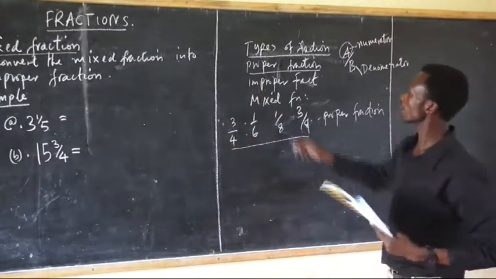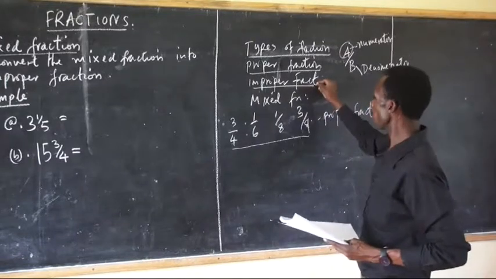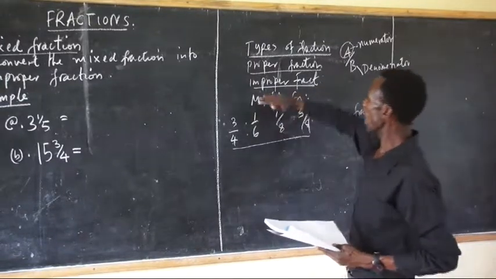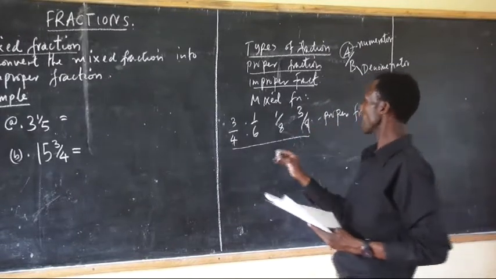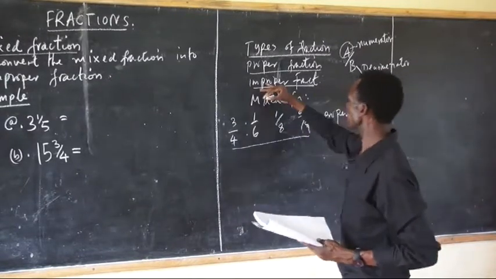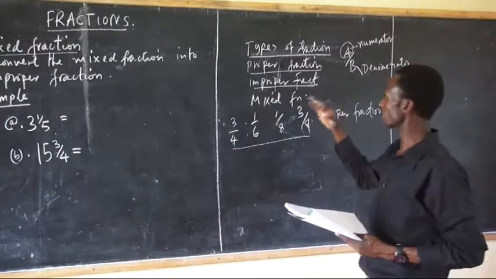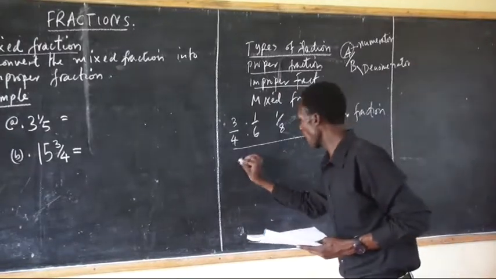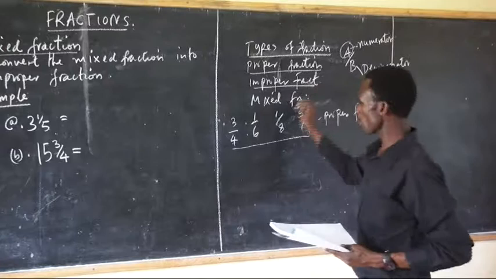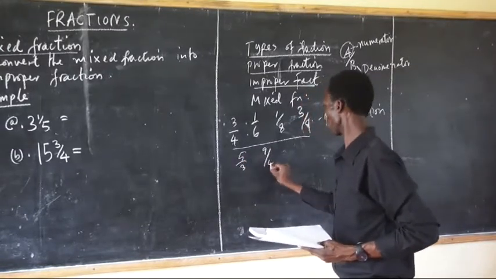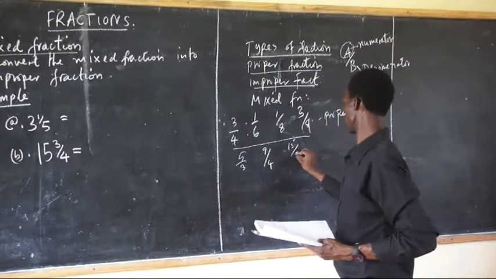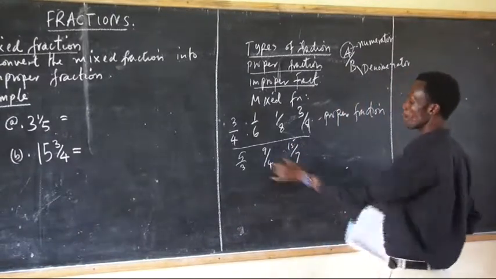But when we talk about improper fractions, it means the upper number is larger than the lower number. That is to say, the numerator is larger than the denominator. Examples of improper fractions are 5/3, 9/4, and 15/7.